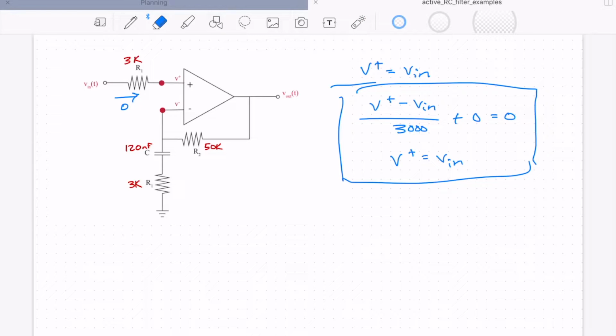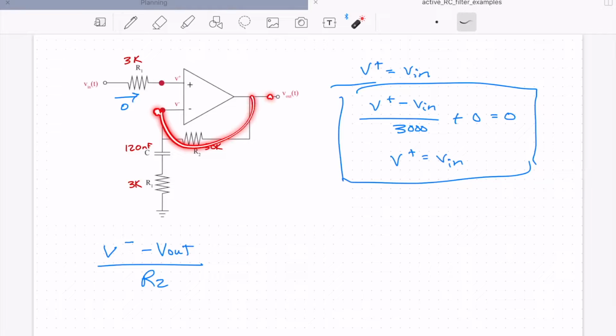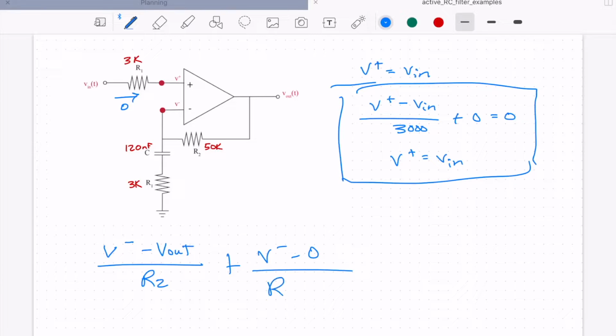Now we can write the nodal equation at this node here, and we end up with (V minus V out) over R2 plus (V minus 0) over (R1 plus 1 over SC).